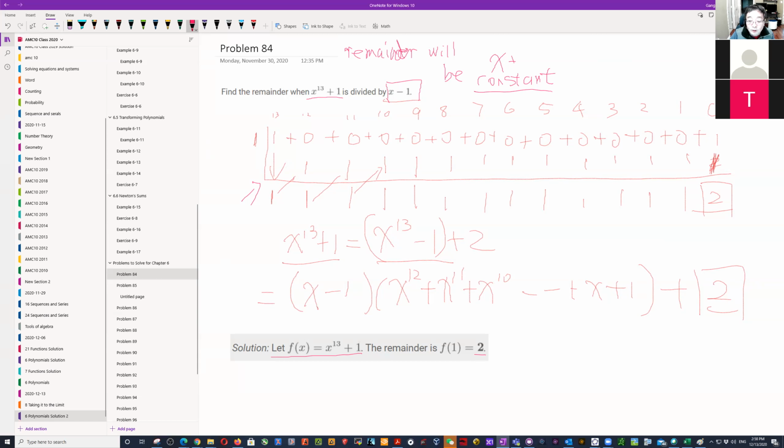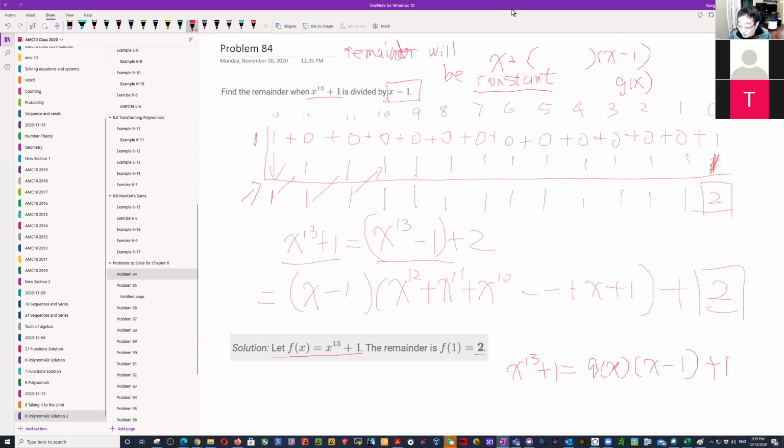The number at x minus 1 is convenient because, whatever the quotient is, for example q(x), x to the 13 plus 1 will be in this format: quotient times (x minus 1) plus a constant remainder.